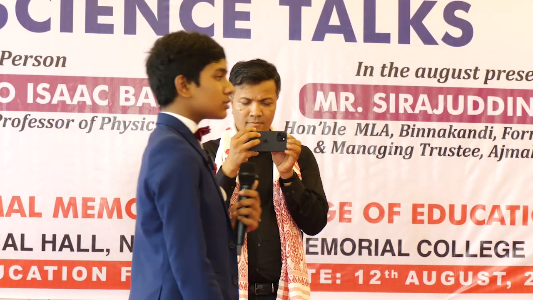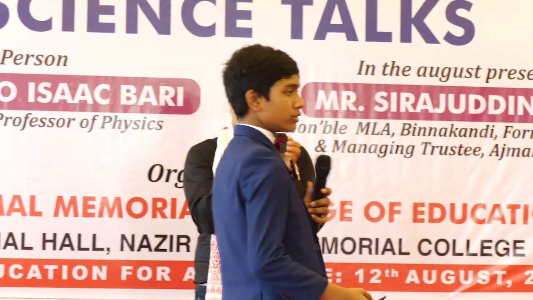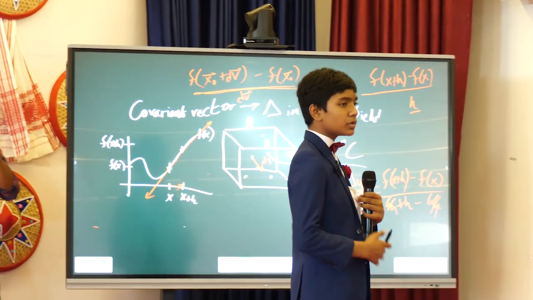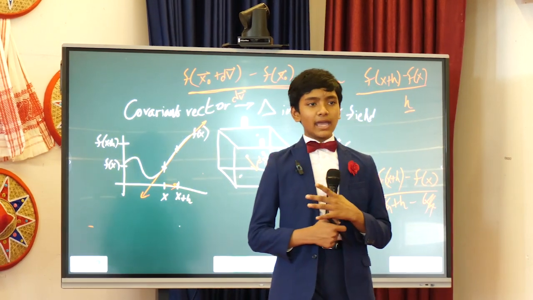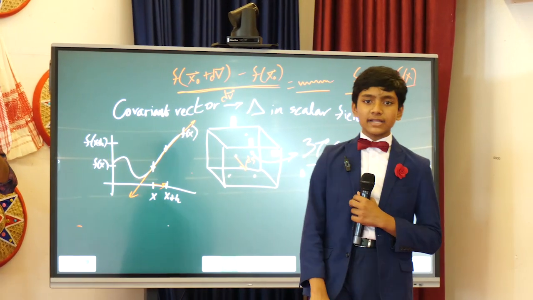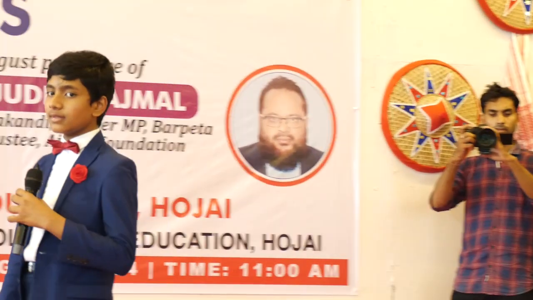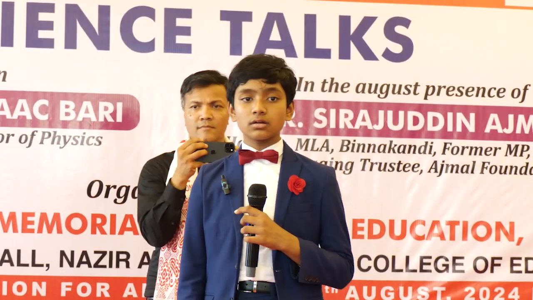But if the temperature is generally the same all around, it's 30 degrees Celsius right over here, and 30 degrees Celsius over here as well, then there's not going to be any covector. The covector's magnitude is going to be 0 because there was no change. There is no derivative. Does everybody understand that?